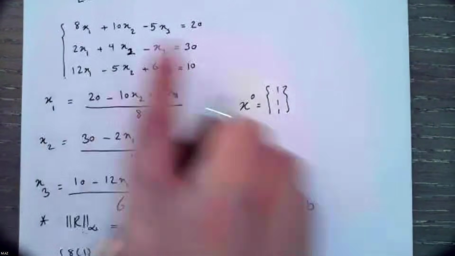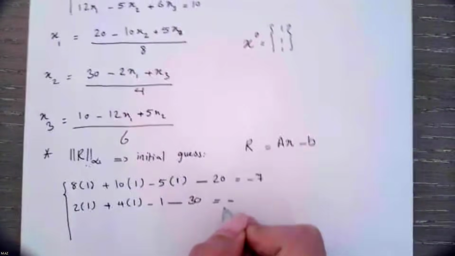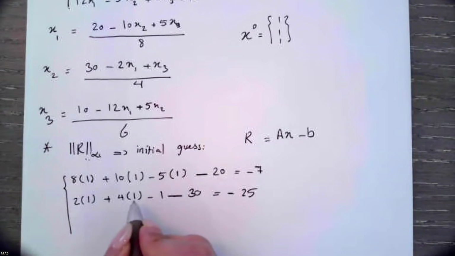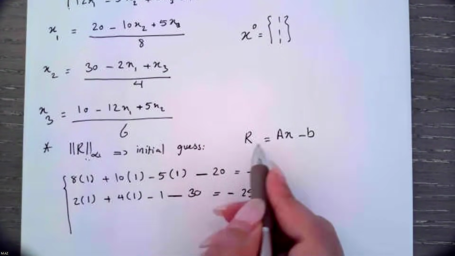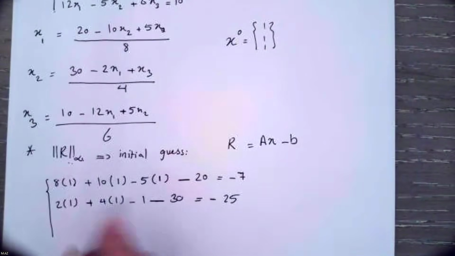For equation 2, when we plug in the initial guess, minus b is negative 25. Again, don't forget to subtract this part from b. We have Ax minus b. And this is the third equation.